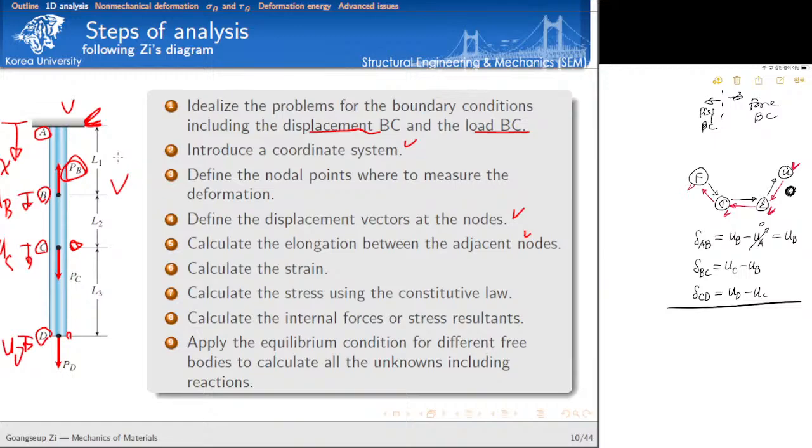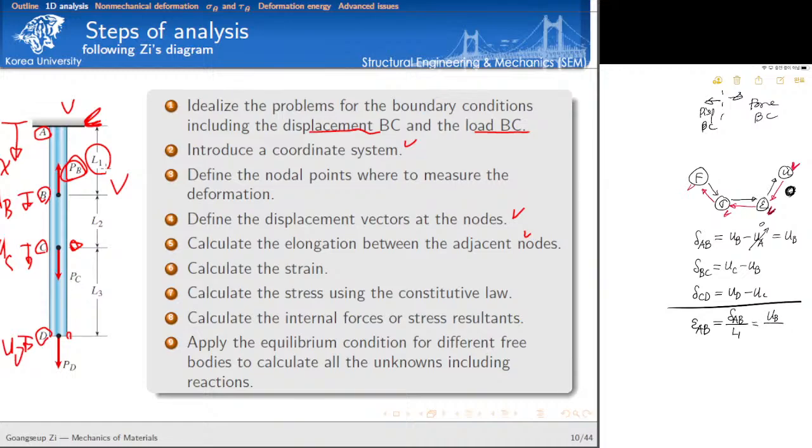So next step, I want to calculate the strain. The strain in the AB segment is equal to what? By the definition, the elongation in that segment divided by the length. Here the length is given by L1. And this is equal to what?